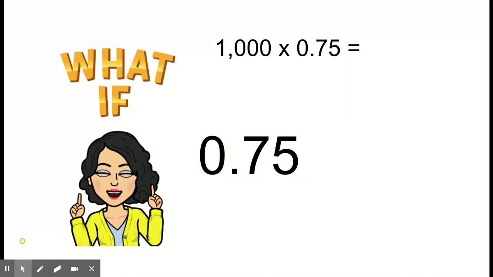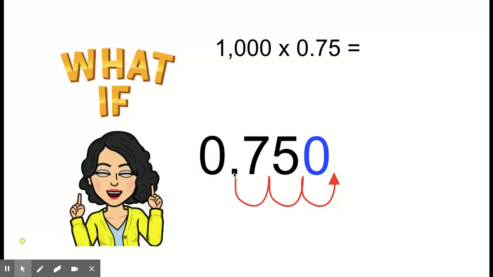I'm multiplying by 1,000, which means I'm going to move the decimal point 3 places to the right because 1,000 has 3 zeros. Let's try it. 1, 2, 3. Now, in this case, there's nothing in this space here, so I'm going to add a 0 to hold that place.